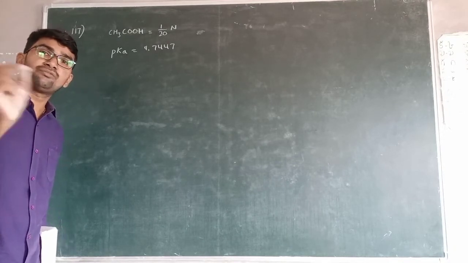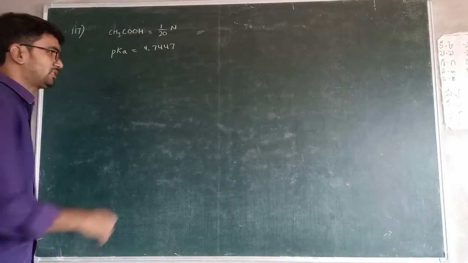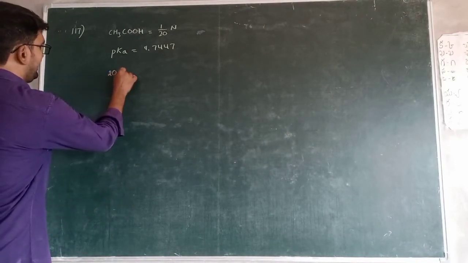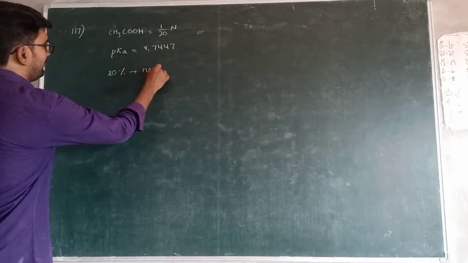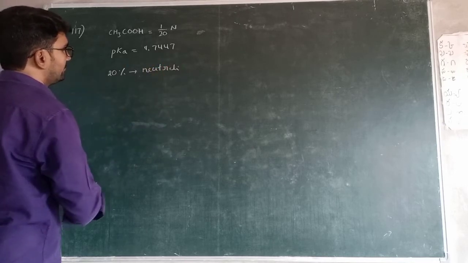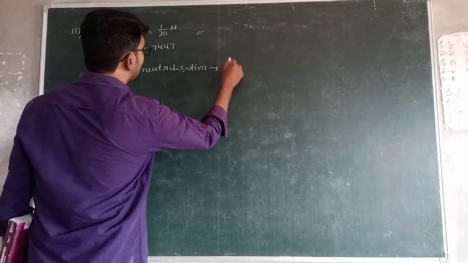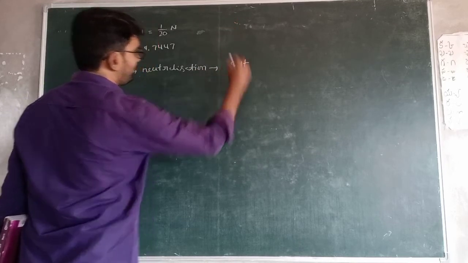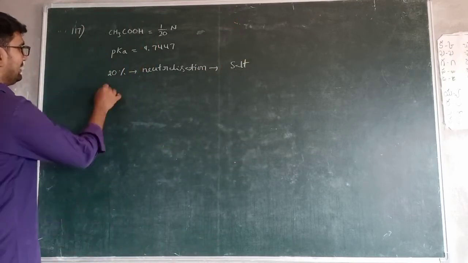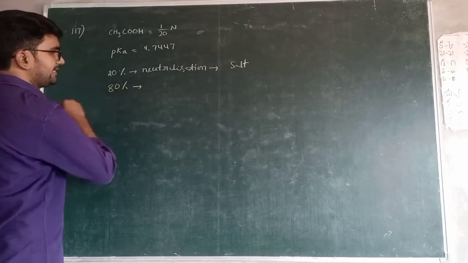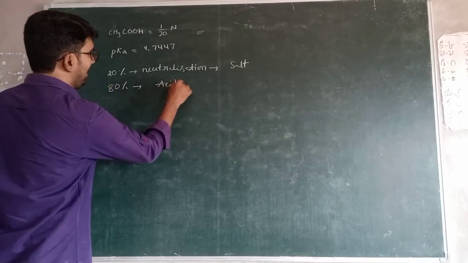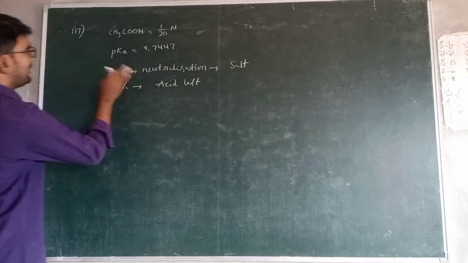So how much salt is formed? 20% salt is formed. 20% neutralization means 20% salt is formed, then 80% acid is left. So it forms a basic buffer.